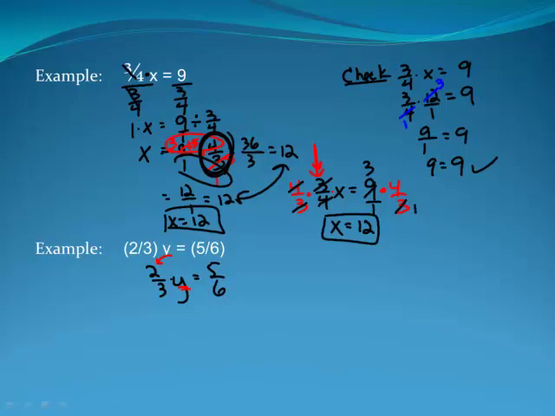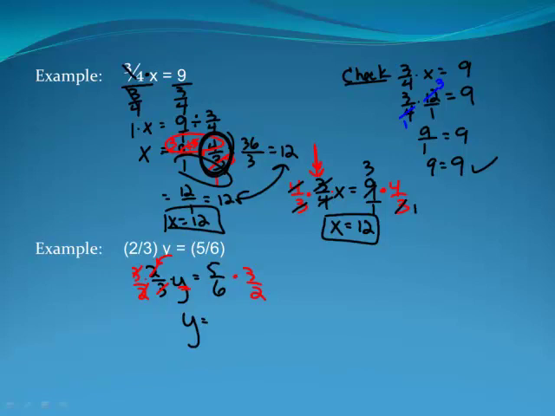The reciprocal of 2/3 is 3/2, and multiply both sides by 3/2. Now on your variable side, your numerators and denominators should cancel themselves out. The 3's cancel out, the 2's cancel out. If everything cancels out, you're left with a 1. 1 times y is simply y on your left-hand side.